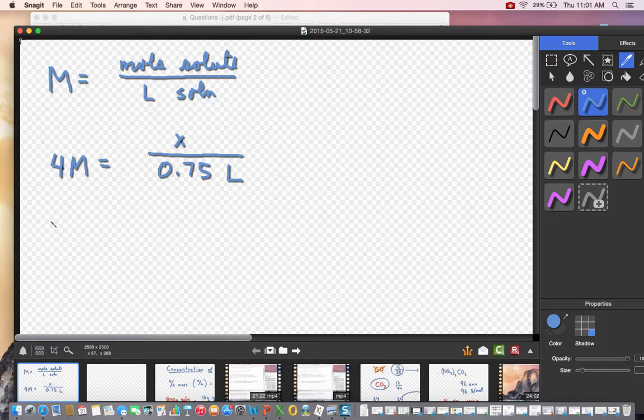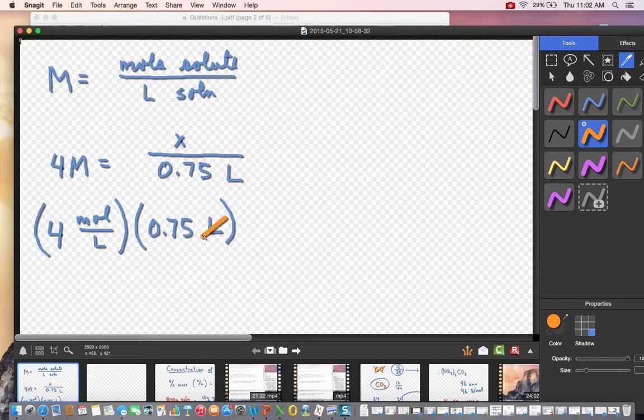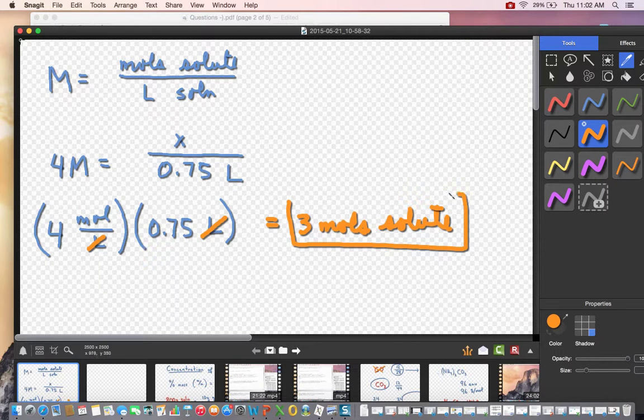Now remember, molarity is moles per liter, so I can write 4 moles per liter. Of course, really what I'm doing is I'm cross multiplying times 0.75 liters. Notice the liters will cancel. 3/4 of 4 is 3. So I have 3 moles of solute. Nice, simple, one-step dimensional analysis problem.